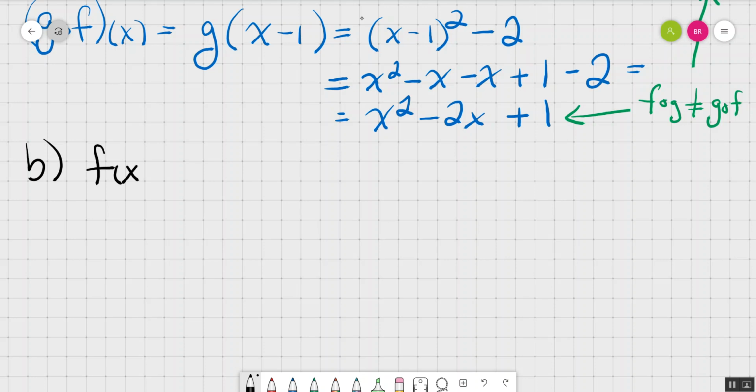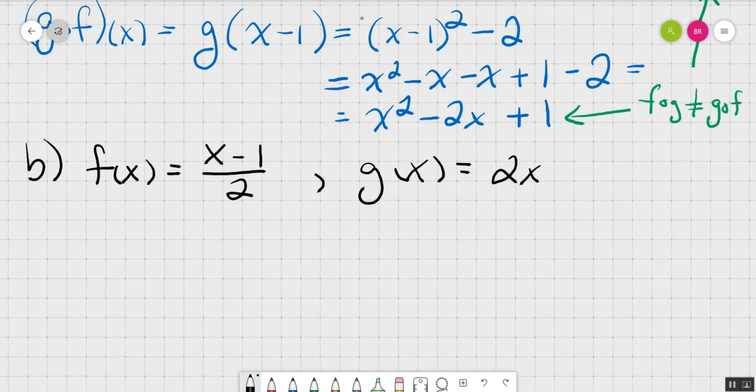So we'll have f of x is x minus 1 over 2, and my g of x is going to be 2x plus 1. So first up, I'm going to do f composed with g. I'm going to take g, which is 2x plus 1, and I'm going to f it.